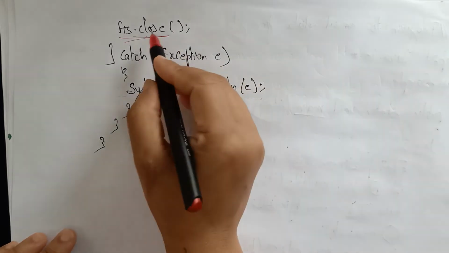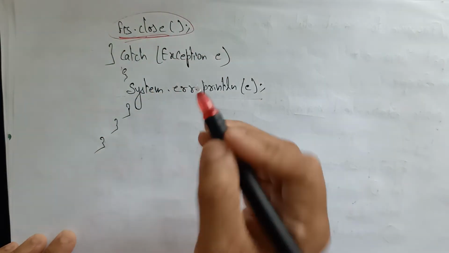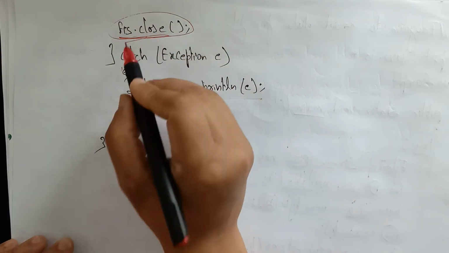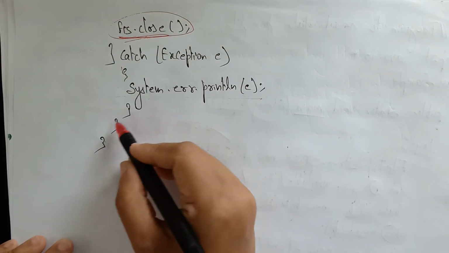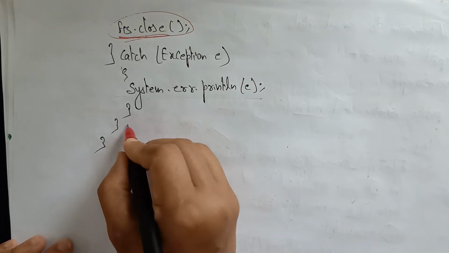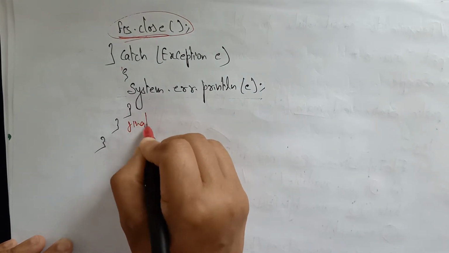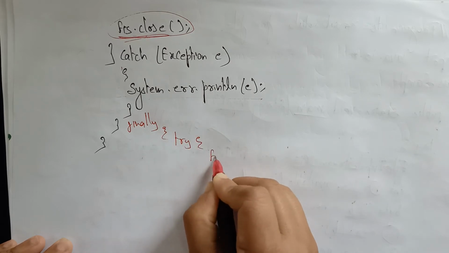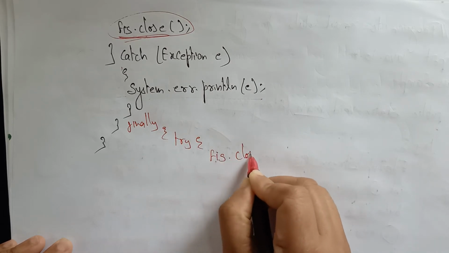Instead of this fis.close, you can write a finally block also. Instead of writing it here, after the catch block, you can write a finally block. In finally, try fis.close.